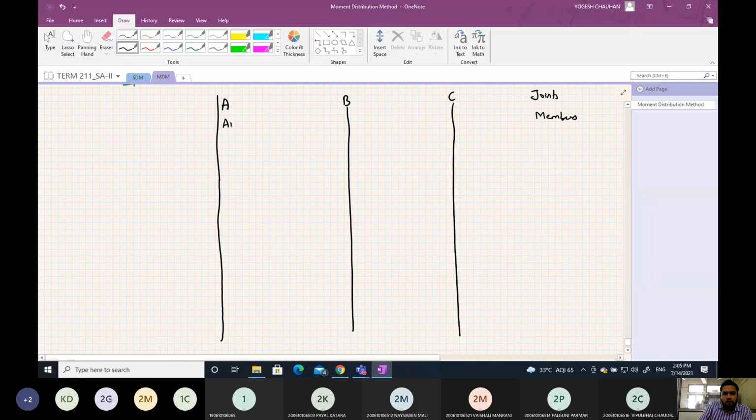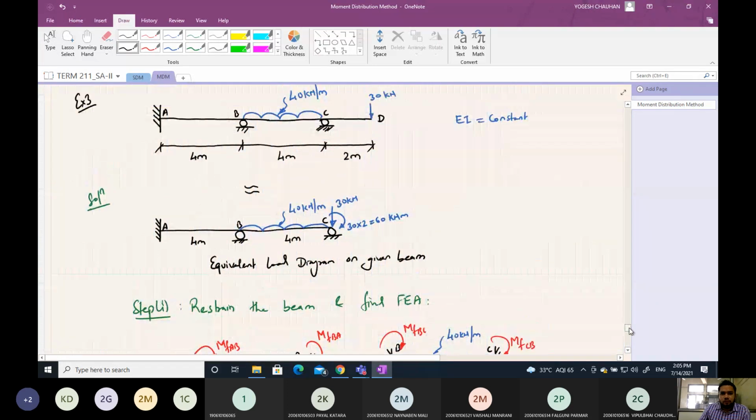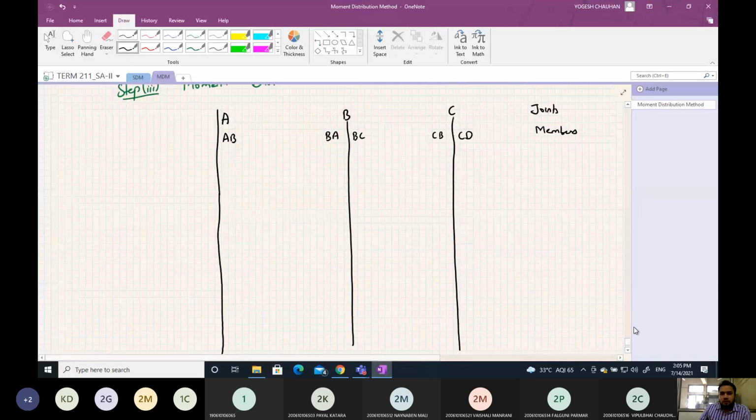So here it will be AB, BA, BC, CB, and here CD. This is point D. Now let us write the distribution factors for these members. So 0 here, 0.571, 0.429 here, distribution factor 1 here, and dash for this one.